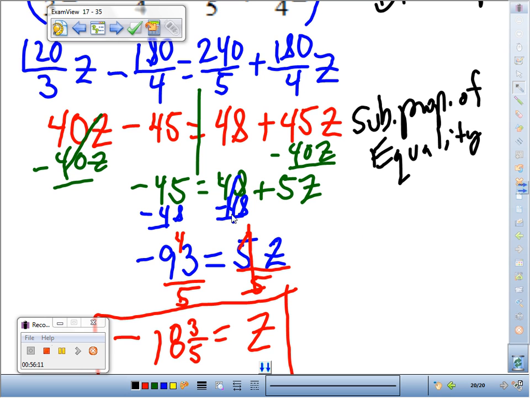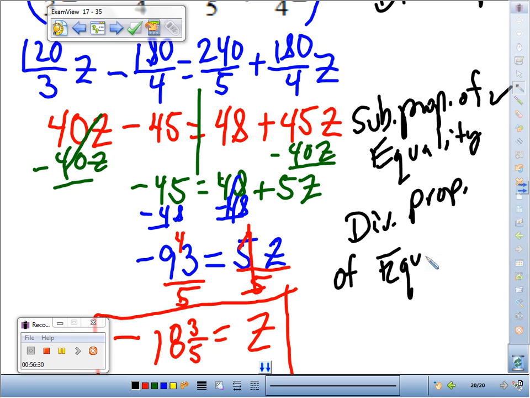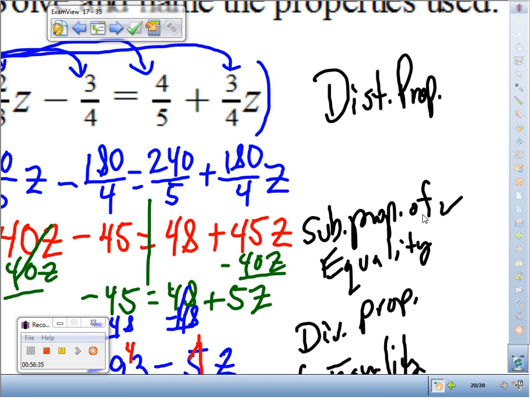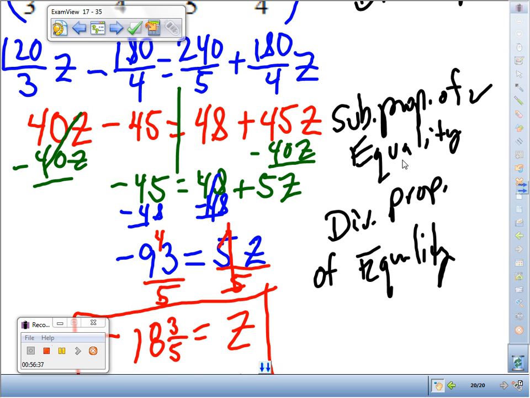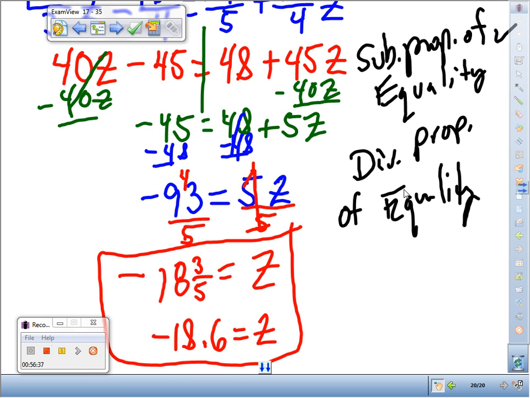What did we do here to each side? Subtracted, so it's already there. It's fine if you only write it once. But what did we do here at the end? Divided, so then you write division property of equality. Let's see if we got all our properties down. Distributive property, subtraction property of equality, and division property of equality. And we're done now. Alright.